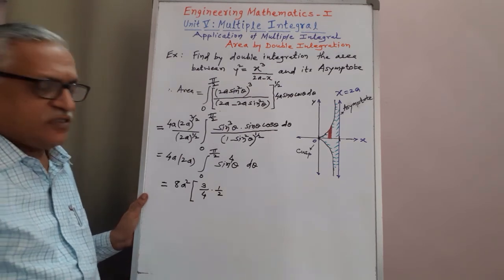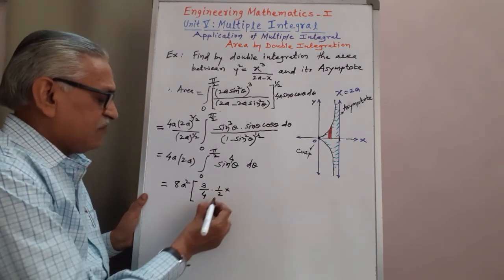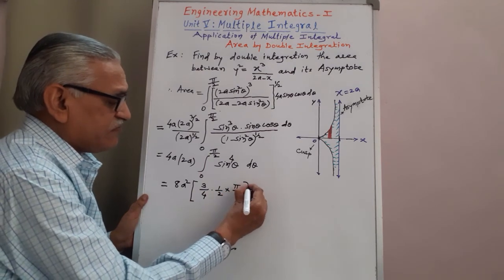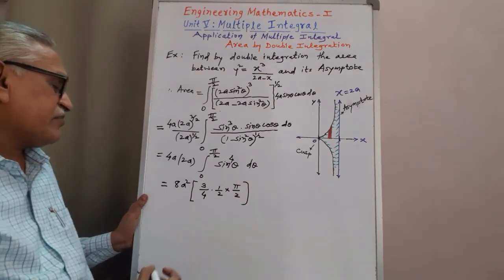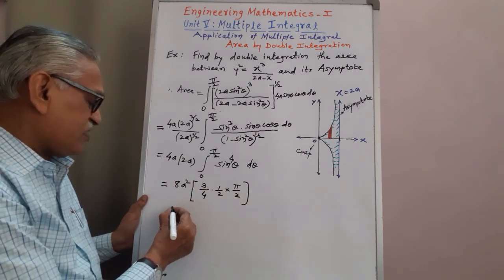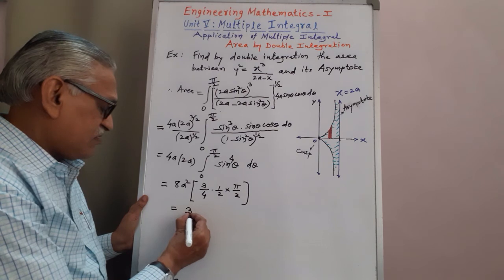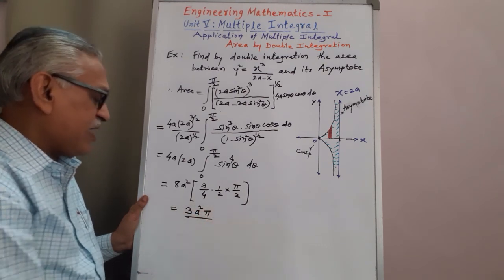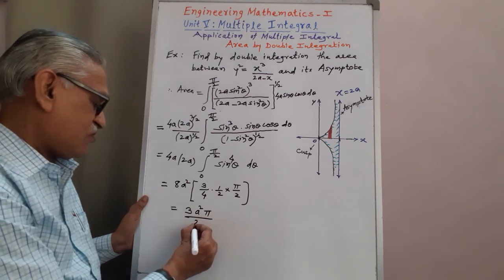The last term is 1 by 2 into k. The value of k is pi by 2 as n is even. And therefore, simplifying it, 4 and 8 will get cancelled. It is 3a square pi by 2.